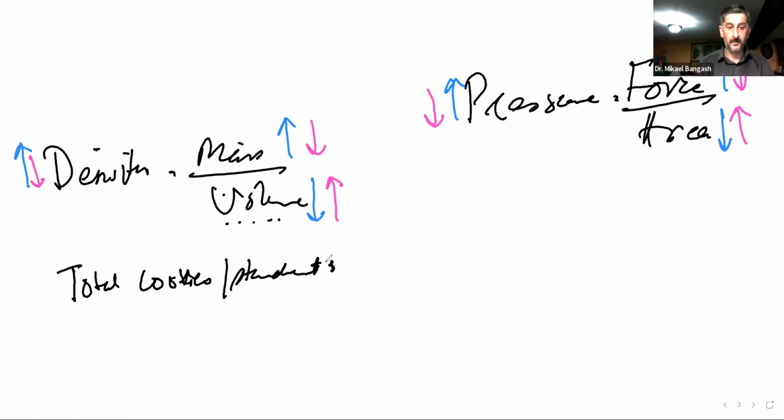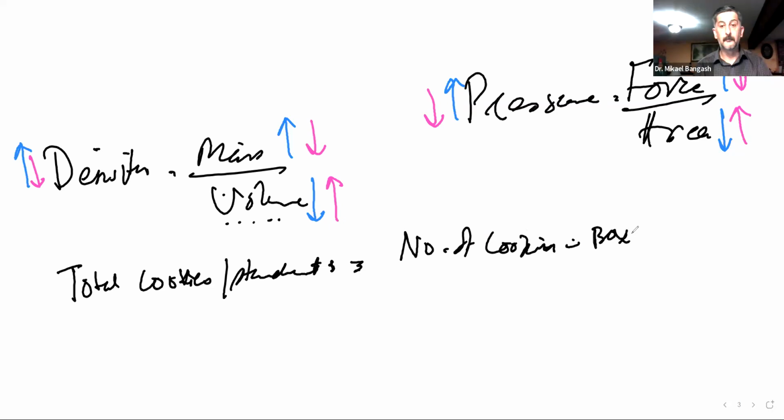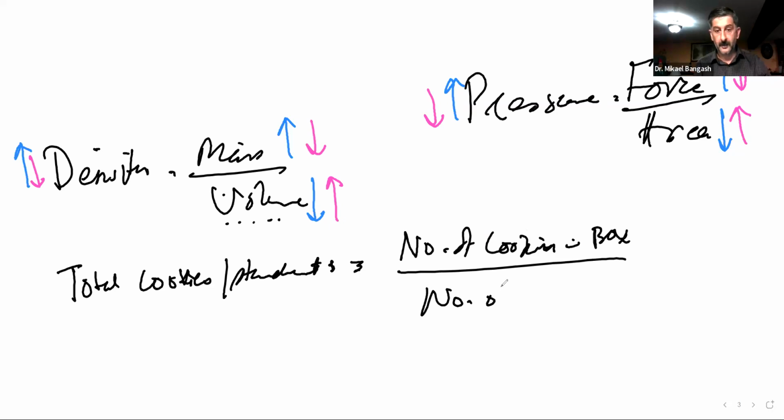Cookies per student is going to be determined by what? Because there's a number of cookies in the box, divided by the number of students in the class.